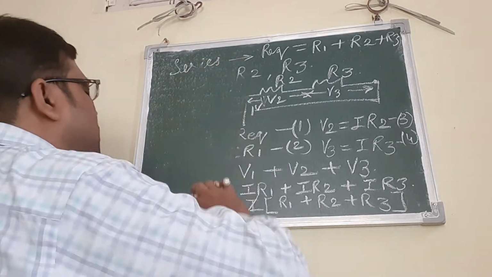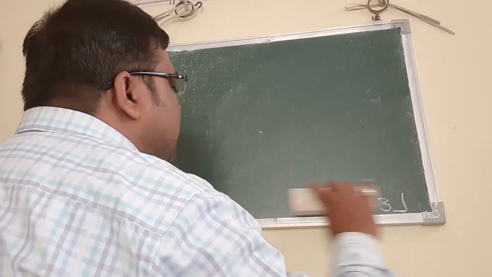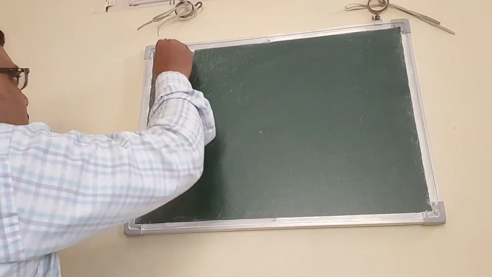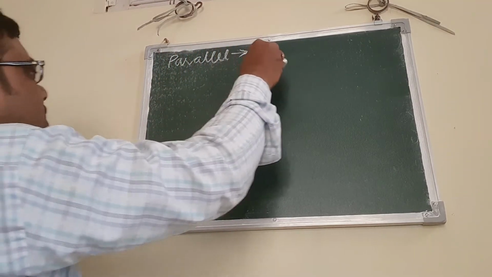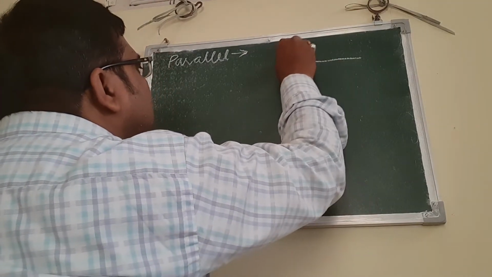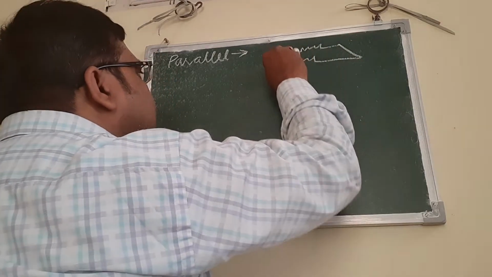So I am rubbing the board. Parallel combination of resistances. So it is parallel. This is our resistance. It is like this.